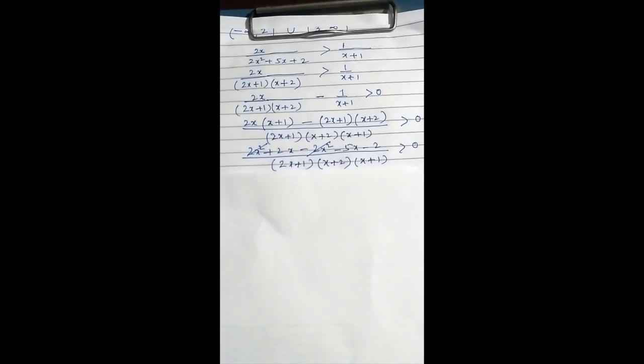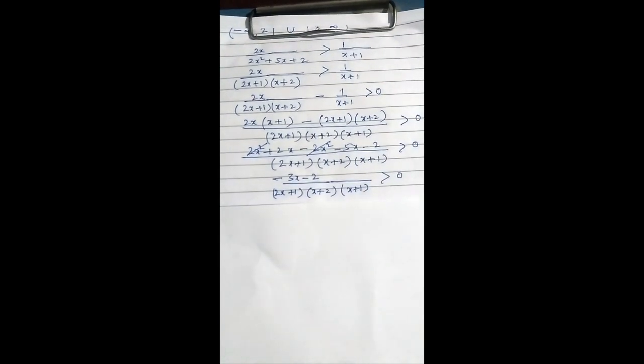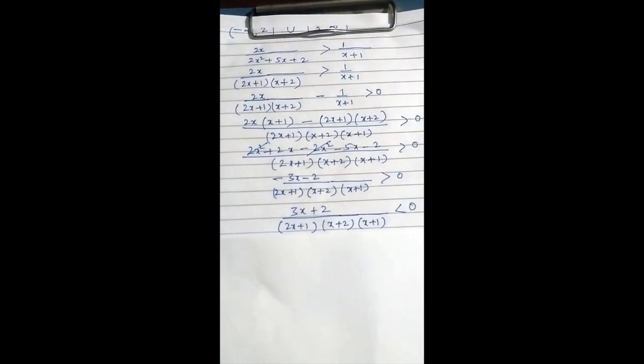And you can see when I've opened the bracket, 2x square gets cancelled off, and I am left with only minus 3x minus 2 whole upon 2x plus 1 times x plus 2 times x plus 1 being greater than 0. Now, in the previous step, minus sign was there, so I should remember my variable has to be positive. So therefore, I have multiplied both the sides by minus 1 and reversed the symbol of inequality.